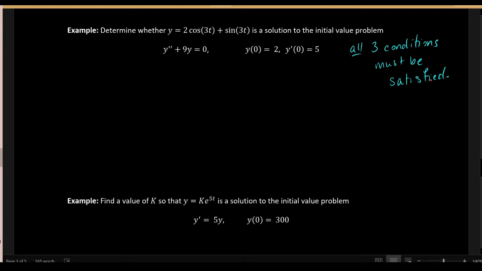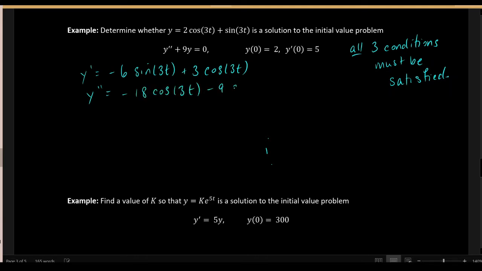Let's go ahead and find the first derivative. That's given by y prime. It's -6 sine 3t plus 3 cos 3t, which would make the second derivative equal to -18 cos 3t minus 9 sine 3t. So now that we've gotten that information, let's check whether each of these equations is satisfied.